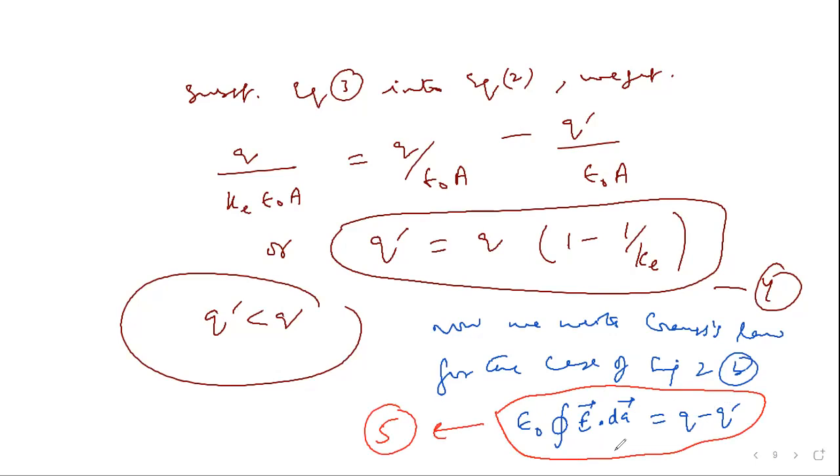Now, substituting from 4 for Q prime, using equation 4 in equation 5, we get this 5 here, right?